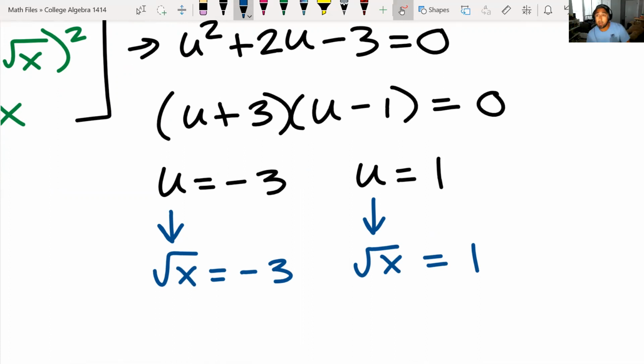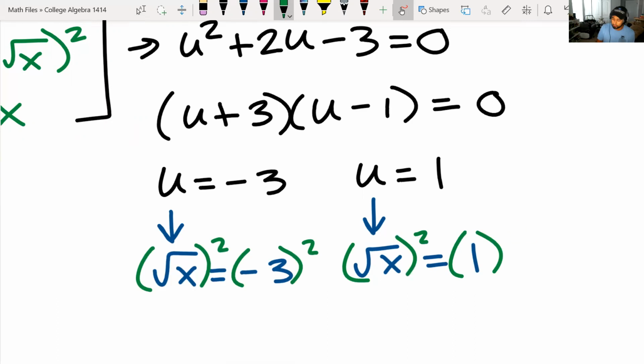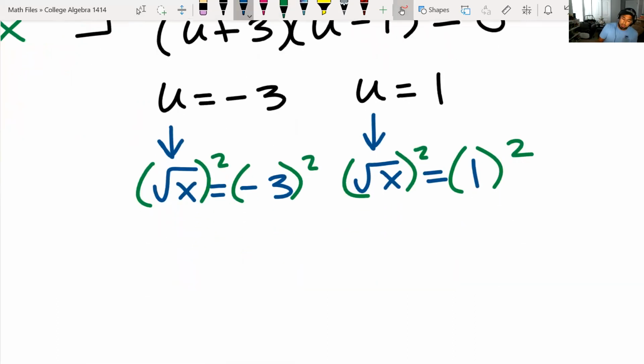Okay, and now all we have to do is solve for x, which means we need to get rid of those radicals. So to get rid of the square roots, we must square both sides. So square, square, square, square. And the first one will give us x equals 9. And the second one will give us x equals 1.